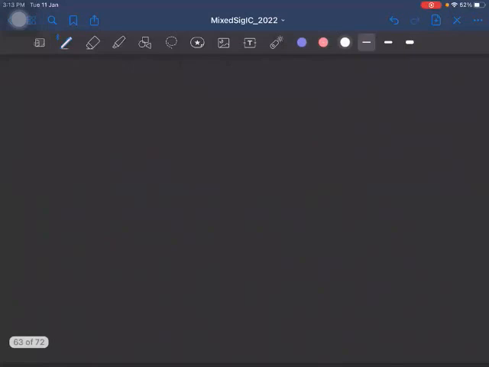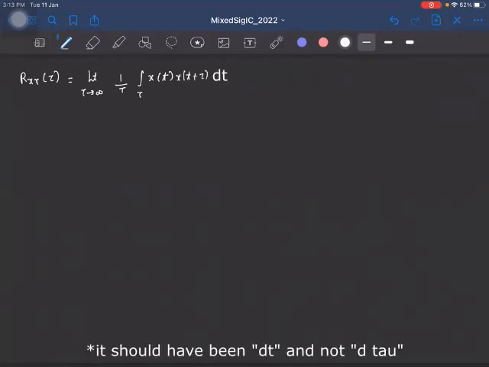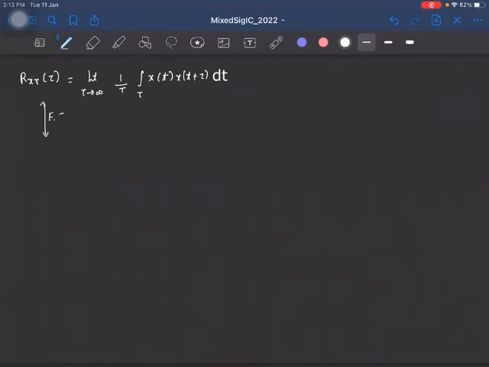Well, let's now look at the expressions in some detail. What we have is Rxx of tau, that is the autocorrelation function, which was the limit T tending to infinity of 1 by T times the integral over that time period of x of t times x of t plus tau dt. And we saw that if we take the Fourier transform of this autocorrelation function, we get the power spectral density.